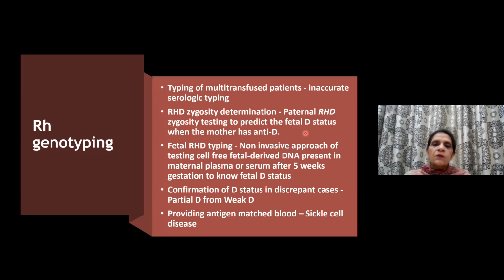For fetal RHD typing, although invasive approaches were available, now a non-invasive method testing cell-free fetal DNA present in maternal plasma or serum after 5 weeks of gestation can be employed to know the fetal D status, predict the risk for hemolytic disease of the fetus and newborn, and guide giving immunoprophylaxis to the mother. It is also used for confirmation of D status in discrepant cases, and for providing antigen matched blood in a very important population, sickle cell disease patients, who have a high rate of alloimmunization.